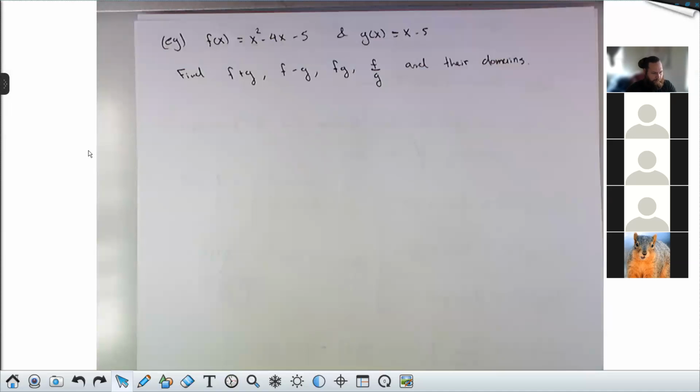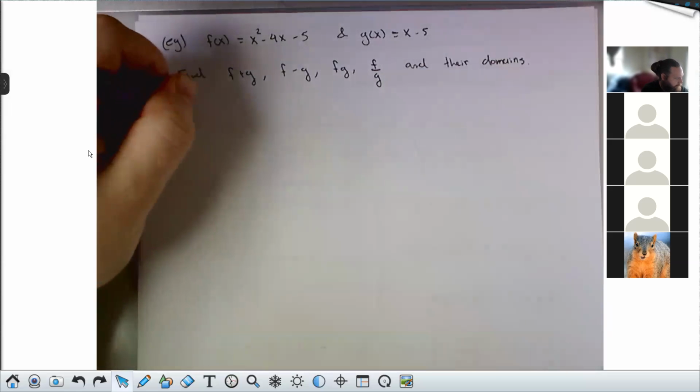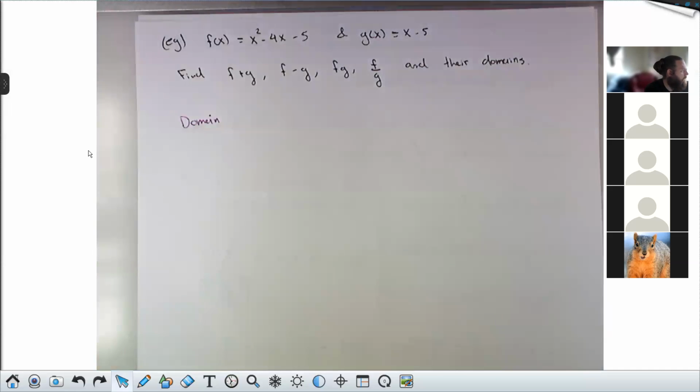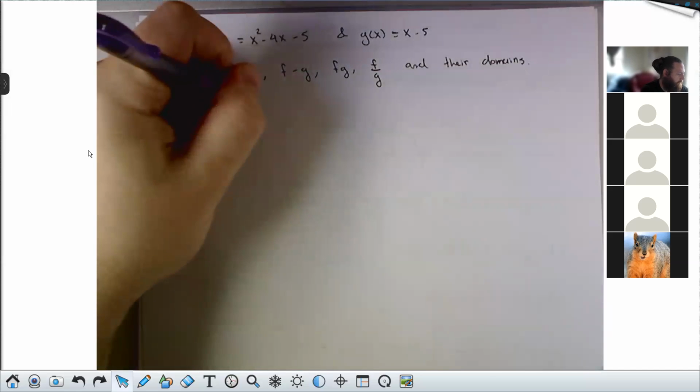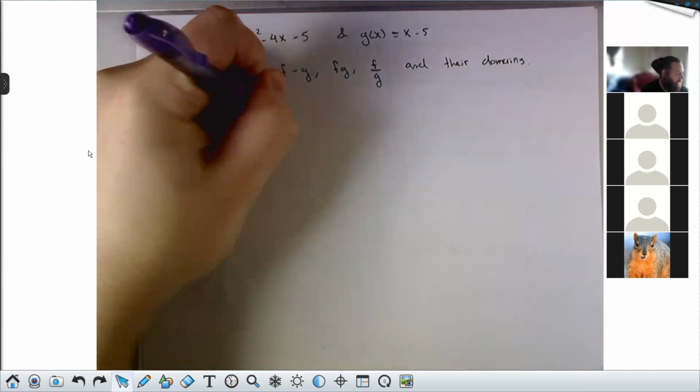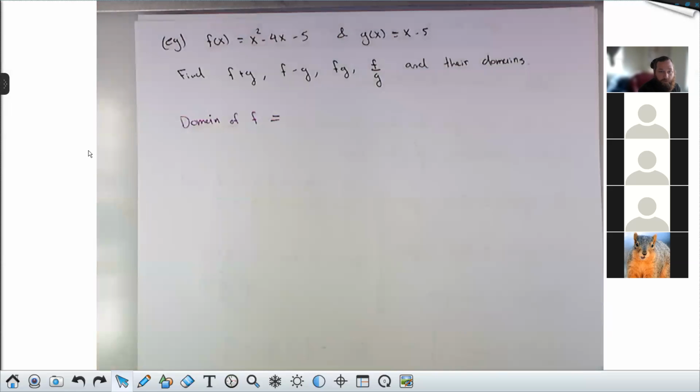I want to start by observing the domain of the original function. So first, the domain of f is all real numbers. It's a quadratic, it's a polynomial.